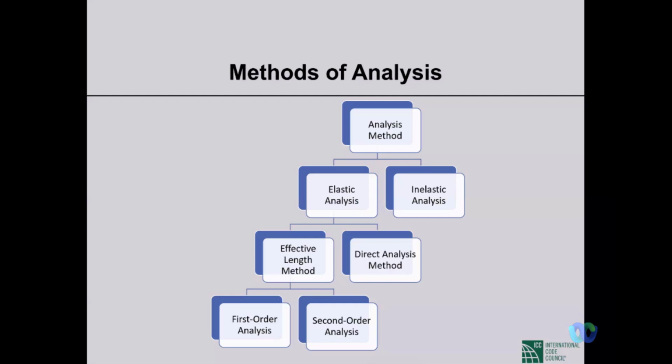So the situations when that is not valid, we have to go for second order analysis. So far, that is the usual practice. Either go for first order analysis, if that is not permitted, then go for second order analysis, and that's it. But recently, as I've said, AISC recommends direct analysis method for stability analysis. So tomorrow, hopefully, I'll touch on direct analysis method.